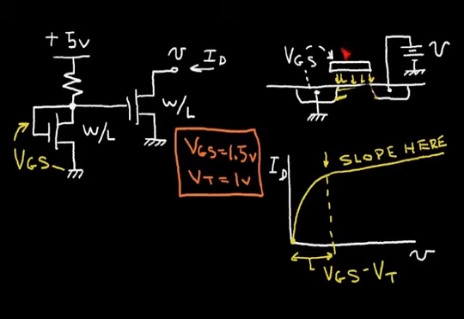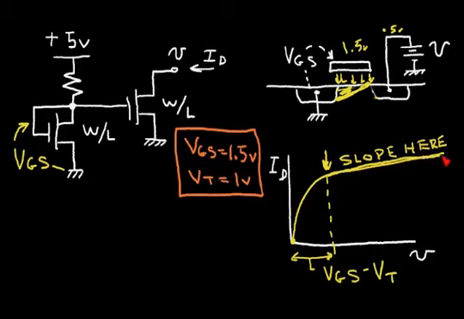And if I assume that V gate to source is at 1.5 volts, and if I have a threshold of 1 volt, when the voltage at the drain becomes 0.5 volts, at that point, my channel is starting to pinch off at the drain region, and I have a gradient in the channel that looks something like this. And now I'm sitting at this point.